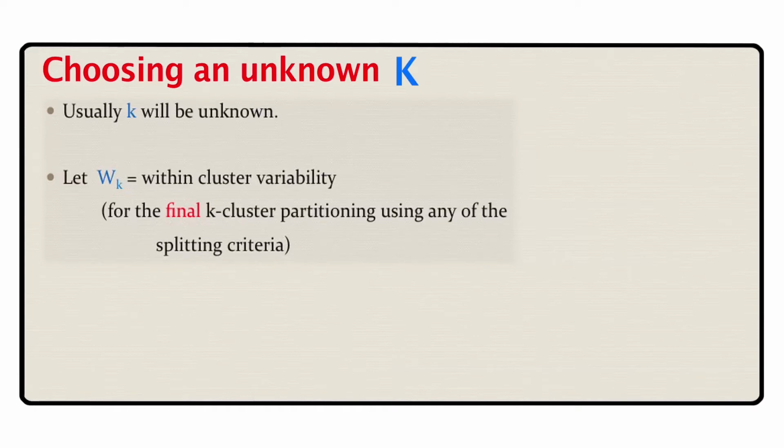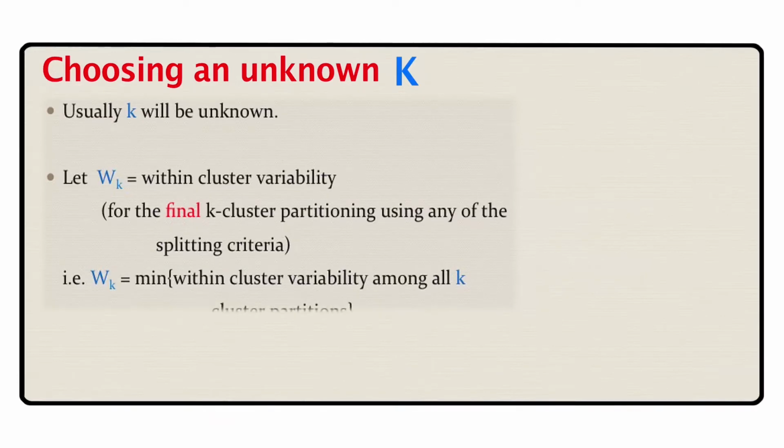Now W3 is the final K cluster partitioning using any of the splitting criteria. So you can be using the K-means, or you can be using the minimization of within cluster variability, and once you have done the clusters, you look at the within cluster variability. Now Wk thus is the minimum of within cluster variability among all K partitions of the clusters.